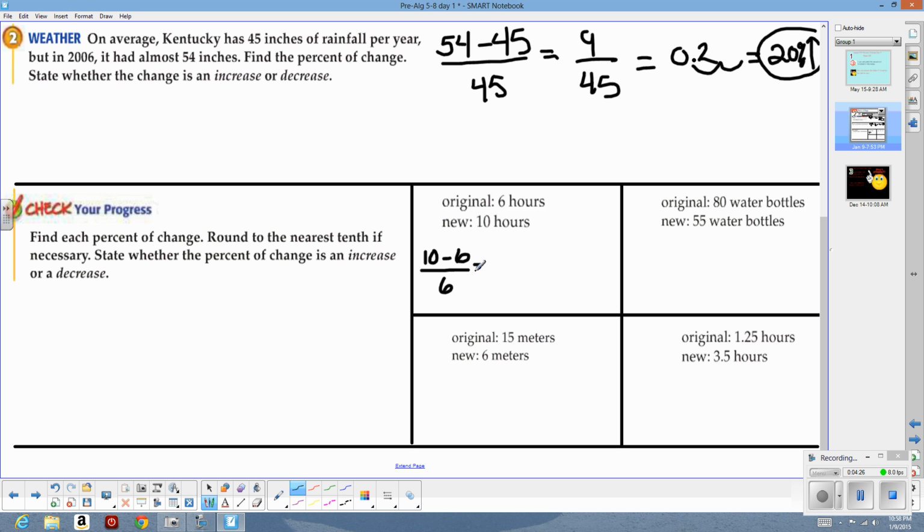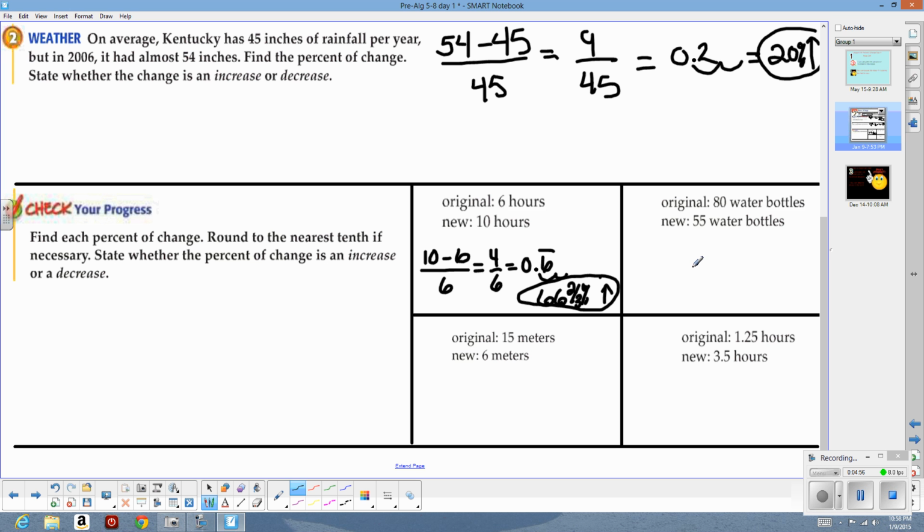So 10 minus 6 is 4. 4 divided by 6 is 0.6 repeating. Now to make that a percent, you're going to move the decimal 2 places to the right, and that's going to be 66 2/3%. And it went from 6 to 10, so that was an increase.